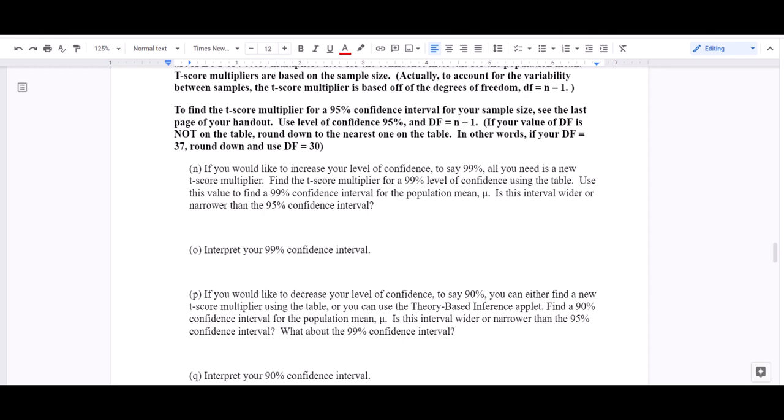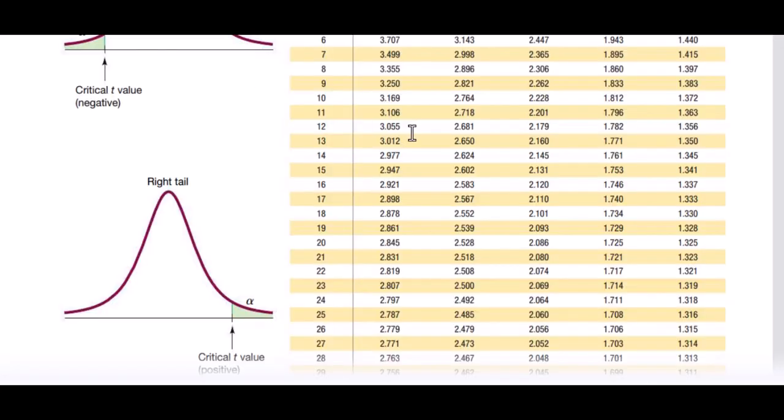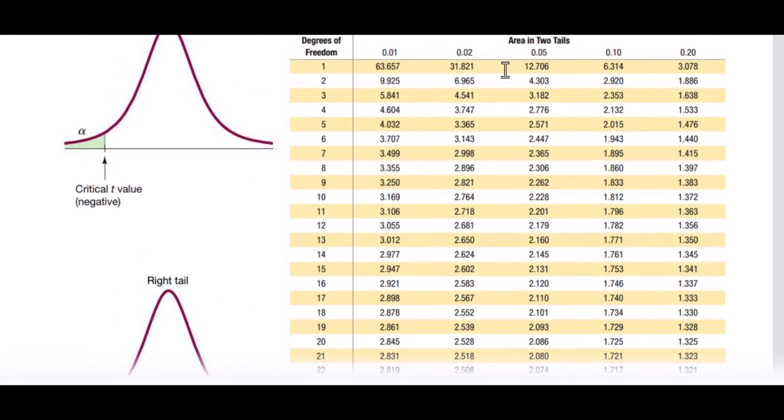So let me see if I still have them up. So yeah, notice that now here we have our t multipliers based on the sample size. So if I'm looking at a 95% confidence interval, then my alpha is 0.05, right? Alpha over 2 will be 0.025. I think that is off the screen here.